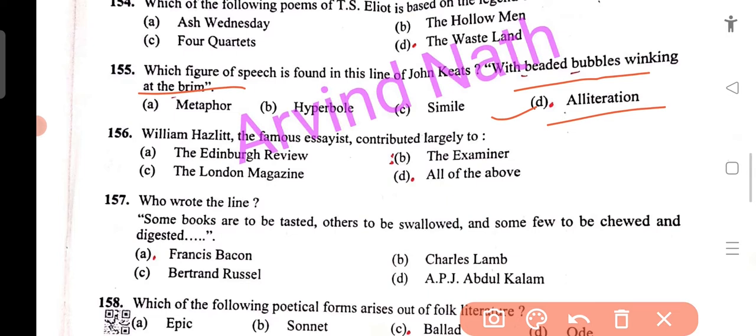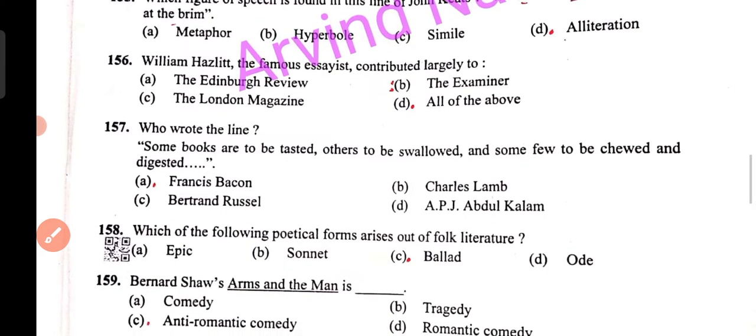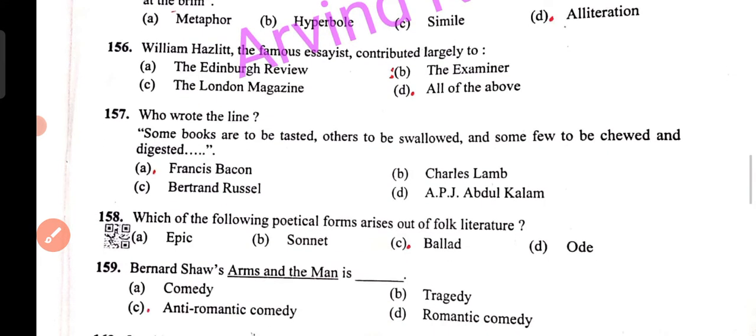So now the question number 156. William Hazlitt, the famous essayist, contributed largely to... so its option number B will be the correct, The Examiner. Now the next, who wrote the lines: some books are to be tasted and others to be swallowed, and some few are to be chewed and digested?